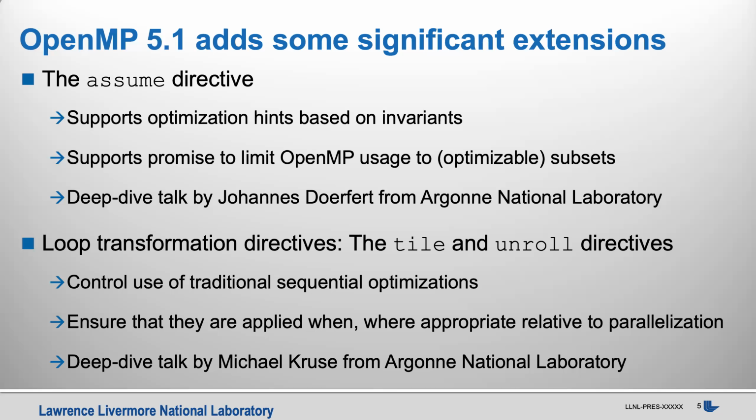Previously, in fact, OpenMP directives for parallelizing loops would often cause compilers to not apply these optimizations, and whether they would be applied before or after the parallelization was done would vary. And as I said, this is also the subject of another deep dive talk available at the OpenMP booth, and this one will be presented by Michael Kruse also from Argonne National Laboratory.